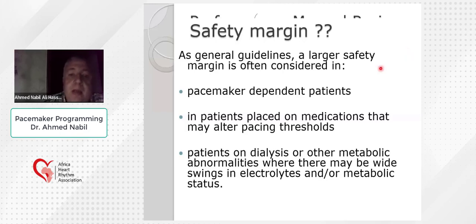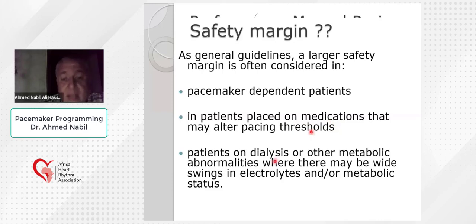Also, the patients who are placed on medications that can change the pacing thresholds, and one of the most common is amiodarone. It can alter the pacing thresholds and can change them along the course of the patient's treatment. So for these patients, I prefer to increase the safety margin a bit, just to be on the safe side.